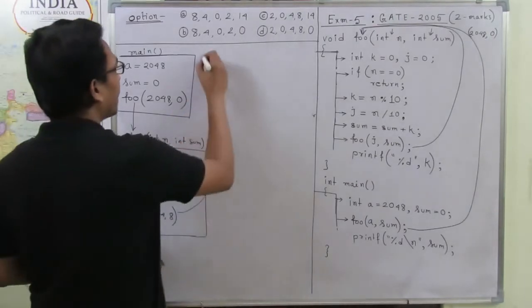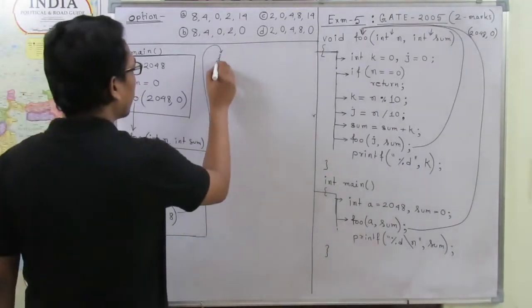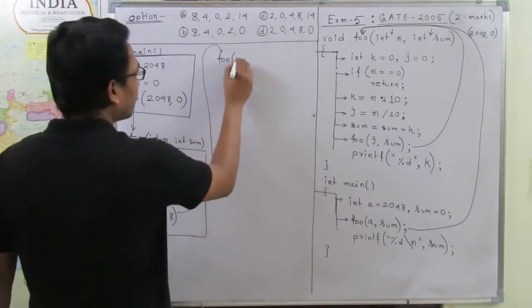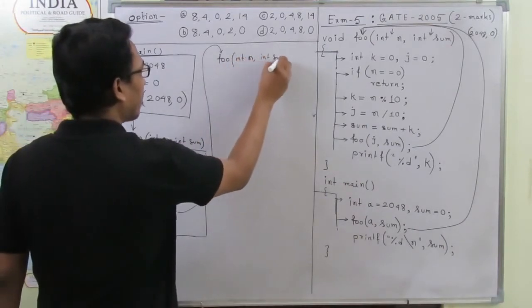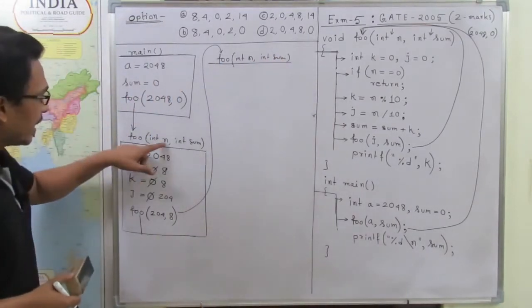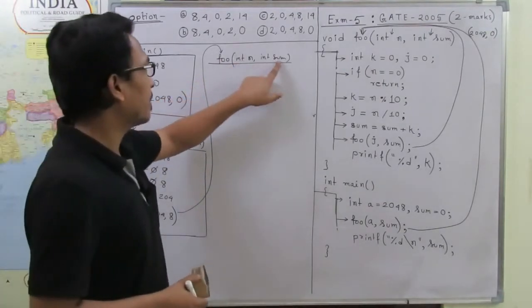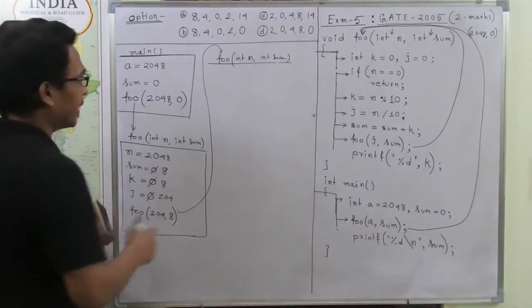From this particular point, control comes out here and creates a new foo block with again integer n and integer sum. The first parameter is n and the second parameter is sum, but the values are 204 and 8.